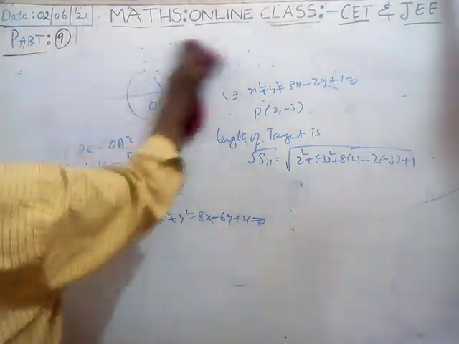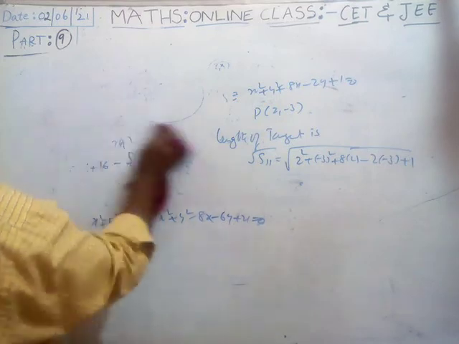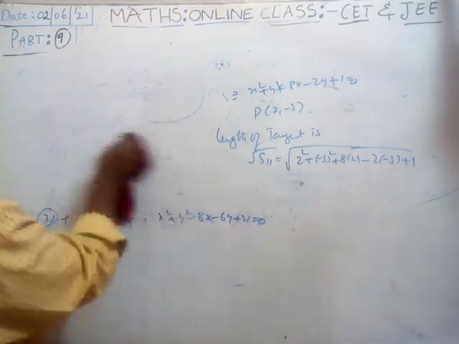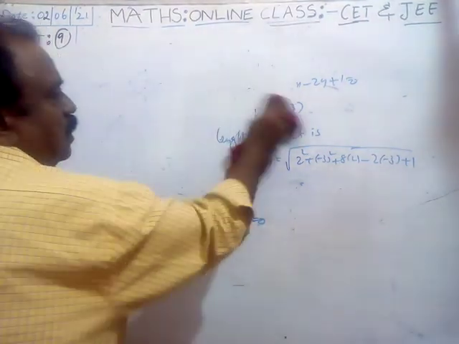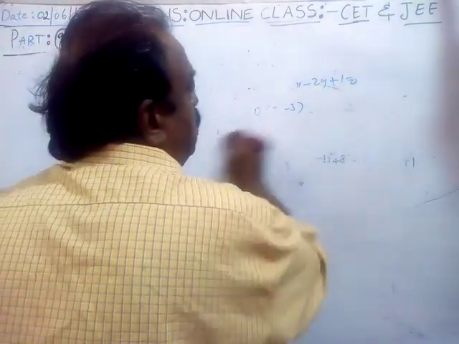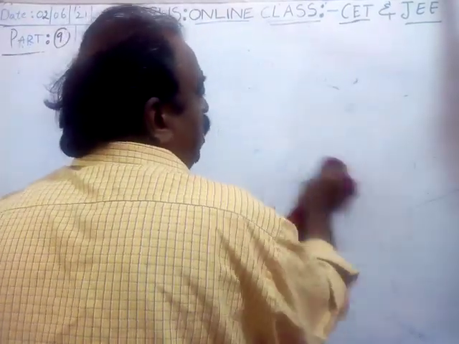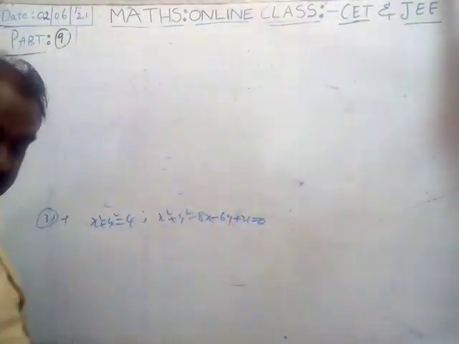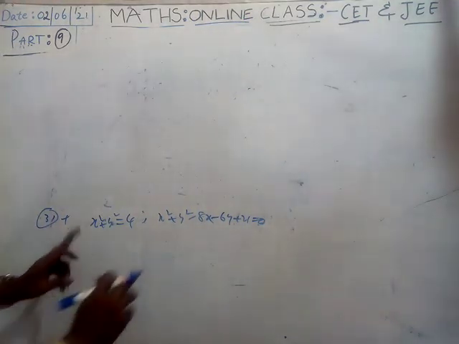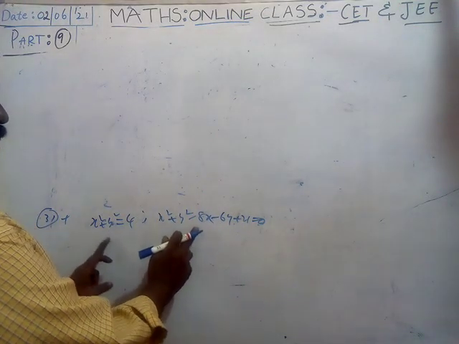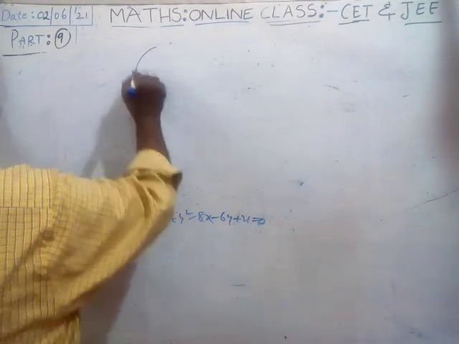I have to find the locus. Many times I told you that locus of a point means the point moves with one condition. What is the condition? Here, the lengths of the tangents to these two circles are equal.